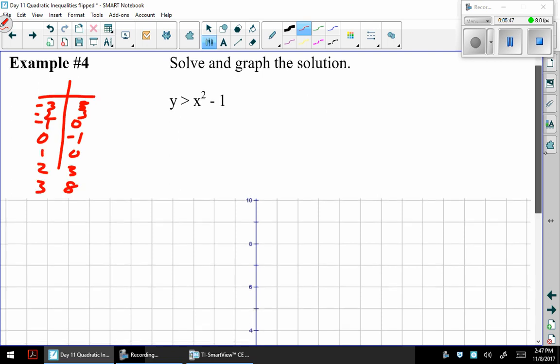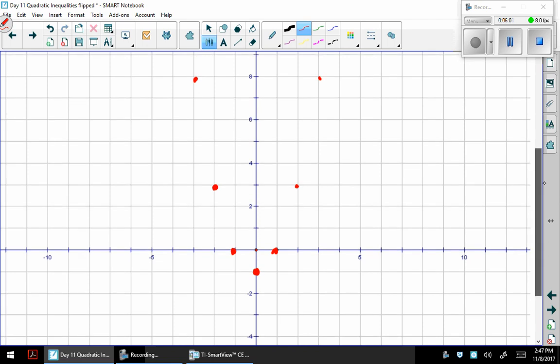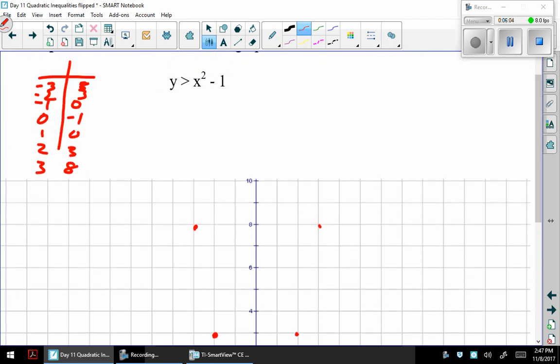So let's graph it. Okay, now when we graph it, there are some things we need to remember. If it's not greater than or equal to or less than or equal to, it's going to be a dotted parabola.